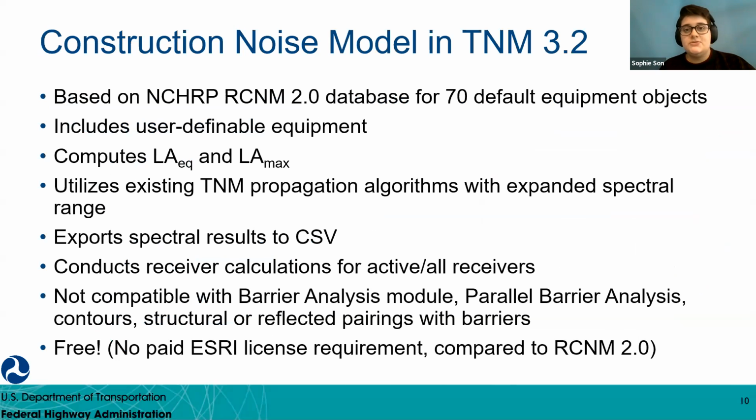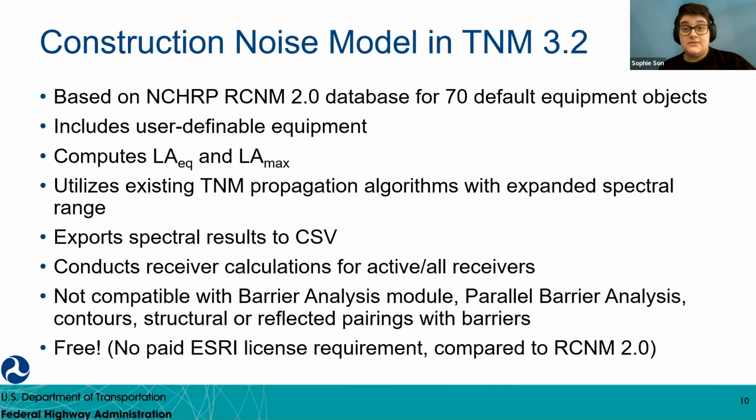So digging into construction noise in TNM 3.2. We've leveraged the RCNM 2.0 database. All 70 of those equipment objects are now available for you to choose from in TNM 3.2. And you can also add your own equipment using measured data that you may have. You can conduct LAEQ and LA max computations for construction noise.